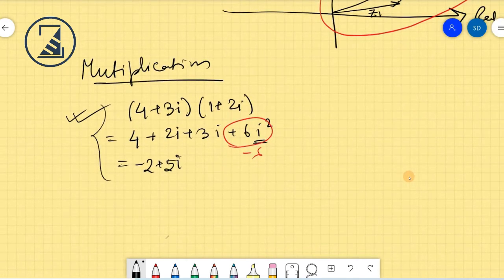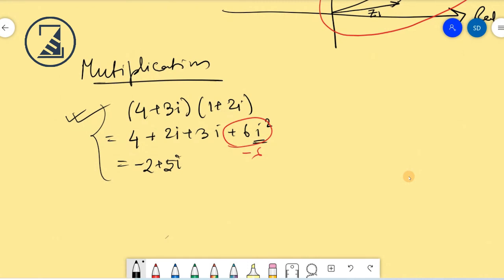Now let's see what it is doing geometrically. Okay, I will not draw any diagram for this. I will use the r e to the power i theta representation of complex numbers to show what it does geometrically. See, I have two complex numbers, r1 e to the power i theta 1 and r2 e to the power i theta 2. If I multiply these two complex numbers in this form, then I can see what's happening.